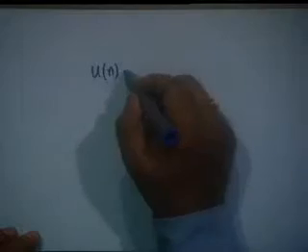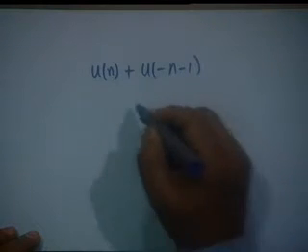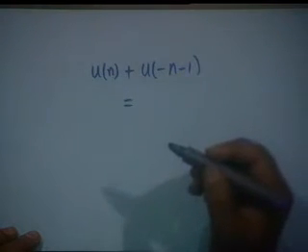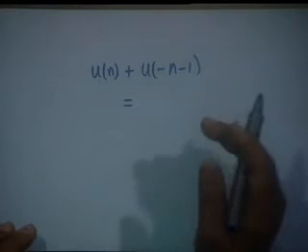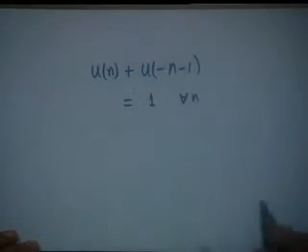If I add u of n to u of minus n minus 1, then this would be equal to 1 at all n. Is that clear? Very good. So, u of minus n minus 1 has a special significance. We shall come back to this later.